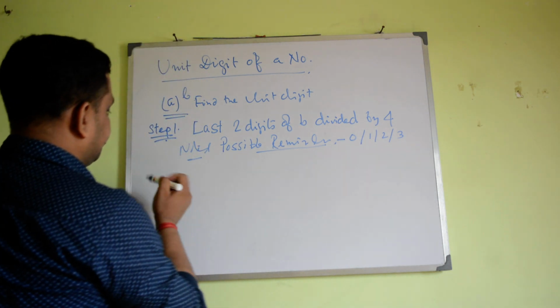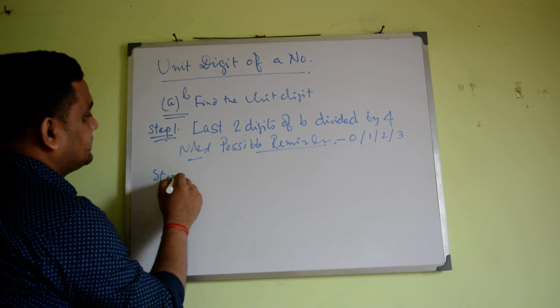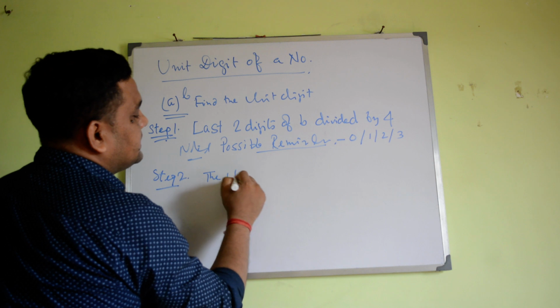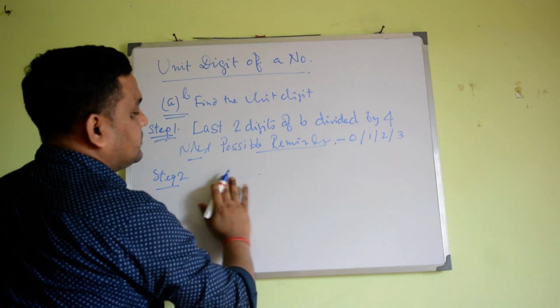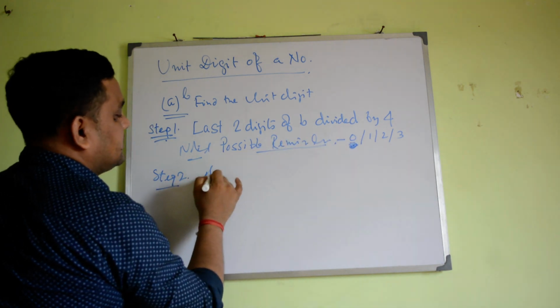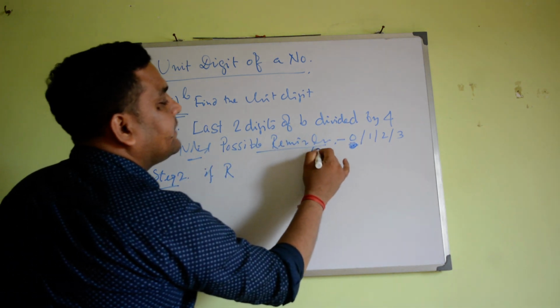Step 2, after finding the remainder, what to do? If the remainder is 0, that is a special case. Let's say I define the remainder as r.